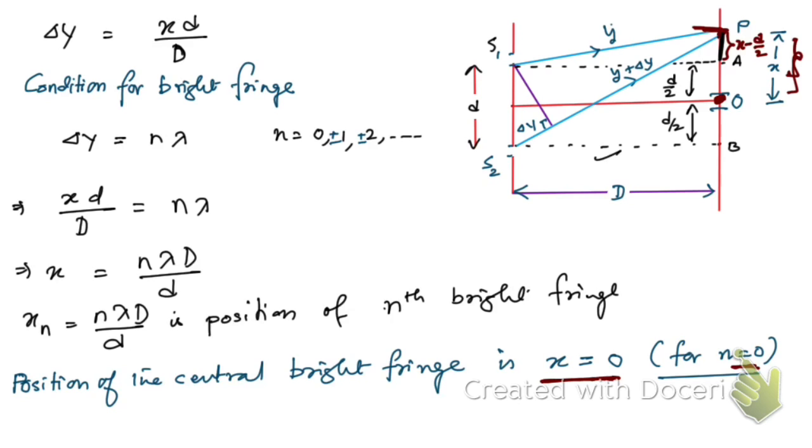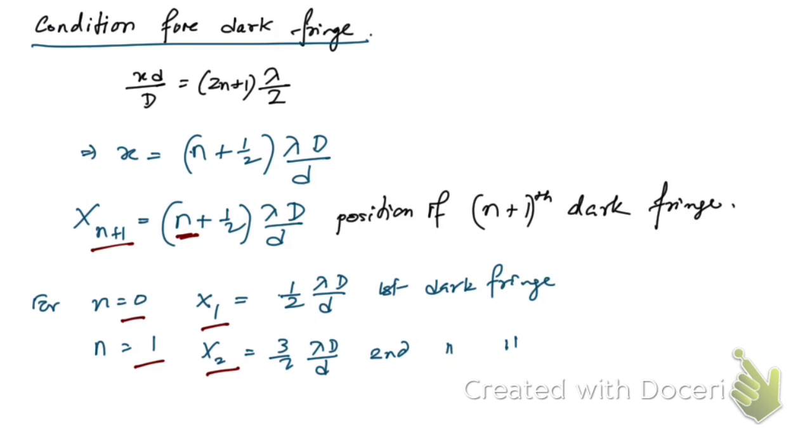Now you see, what will be the fringe width? How do we obtain the fringe width? Let me take a new slide. Suppose this is a bright fringe. How do we obtain the width of this bright fringe? If this is the bright fringe, here we should have a dark fringe, and below this bright fringe also we should have a dark fringe.